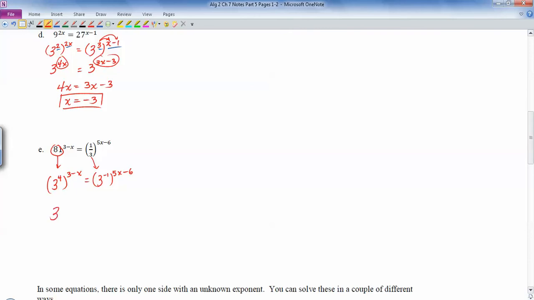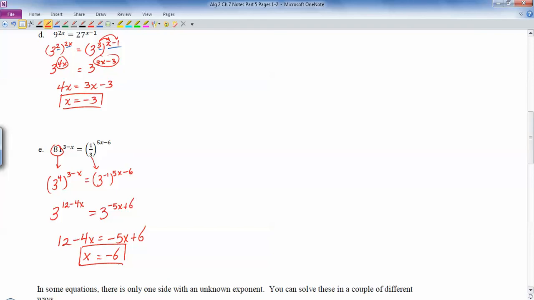So I've got 3 to the 12 minus 4x when I multiply the 4 into the 3 minus x. And then on the other one, I've got 3 to the negative 5x plus 6. Now the 3's are the same, so I can say 12 minus 4x equals negative 5x plus 6. If I add 5x to both sides, this side just becomes x, and if I subtract 12 from both sides, I get negative 6. So there we go.